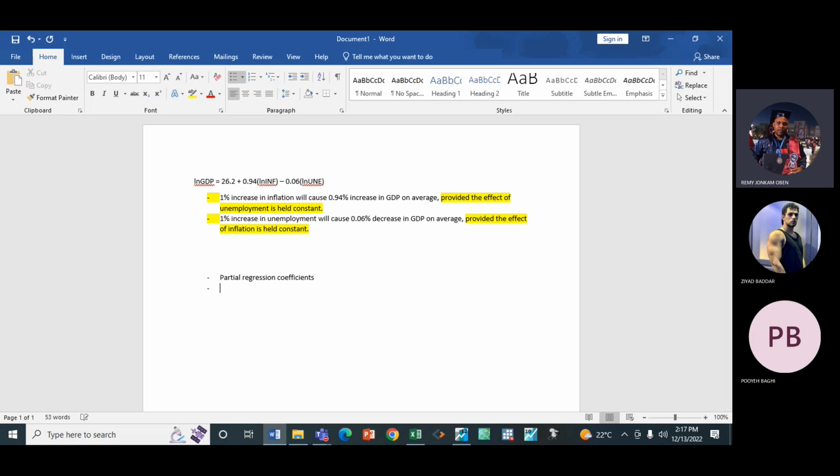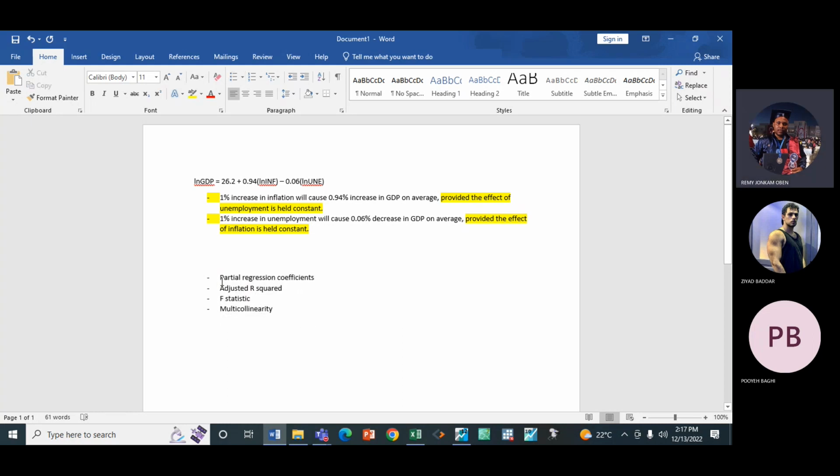And these things are adjusted R squared, F-statistic, partial regression coefficient, and multicollinearity. There are 4. So you see, all these 4 things are relevant for multiple regression, but they are not relevant for simple regression.